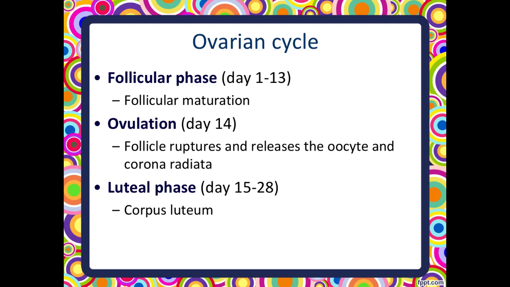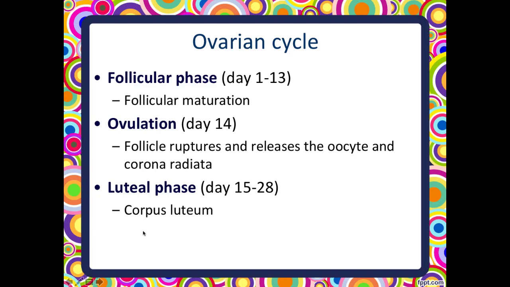This phase is under the influence of follicle stimulating hormone. Then, about day 14, the ovulation appears, and the oocyte and corona radiata are released, and of course the follicle ruptures, and the empty follicle will create the corpus luteum.